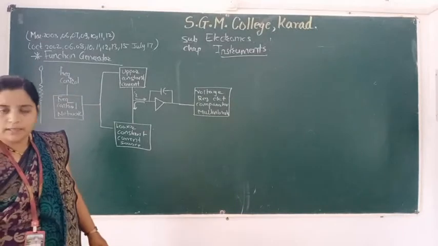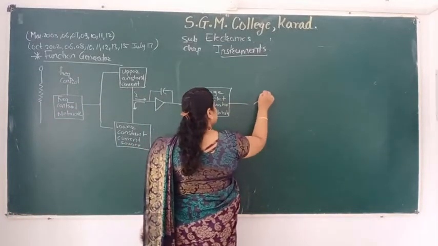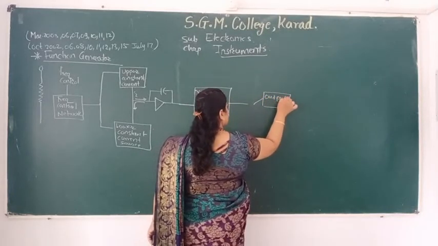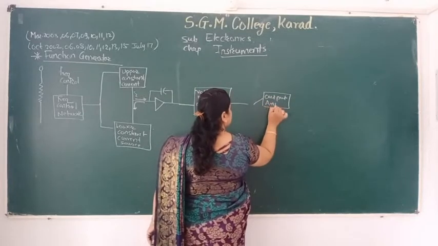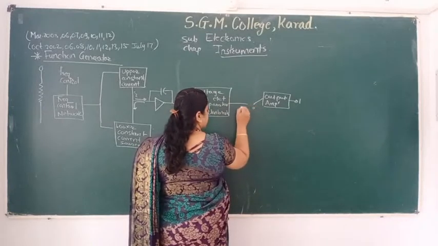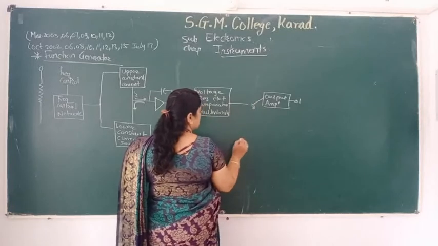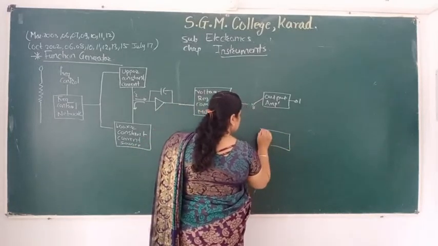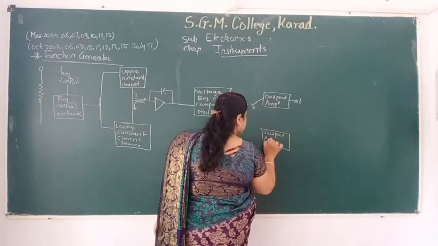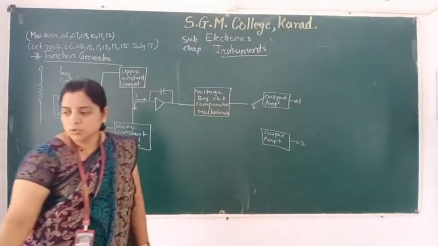This multivibrator gives the two outputs, output amplifier 1 and, these are the switches that I have drawn in dotted form. This is the output amplifier, that is the output 2.